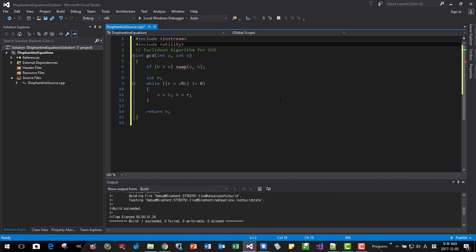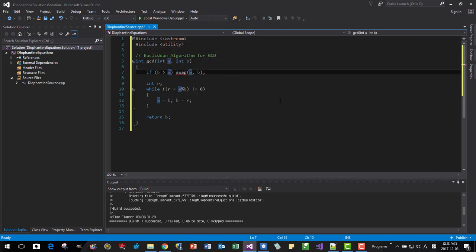Utility, and I have the std here. Okay, that's done. This is the Euclidean algorithm. Now I am creating the extended Euclidean algorithm.